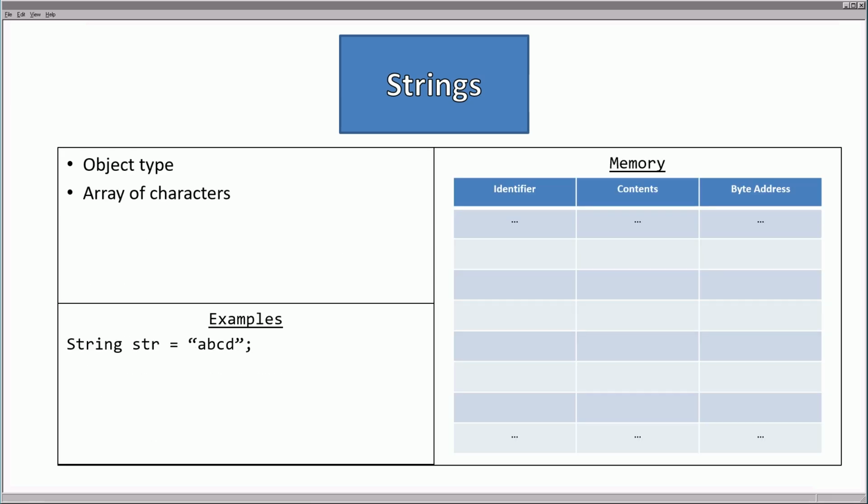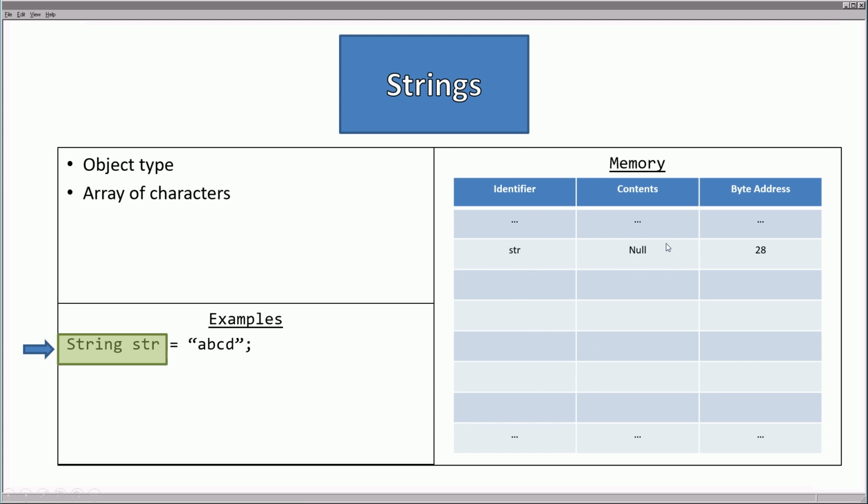So if we want to look further into strings and how this works in memory, again, this is an object type, where we separate the variable which contains a reference to the contents found in memory. Now, if we have the string ABCD, the first thing that we do is we initialize the value of that string. So, as you can see here, the identifier is str.